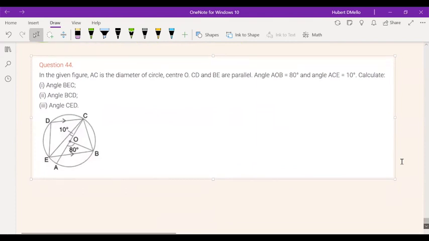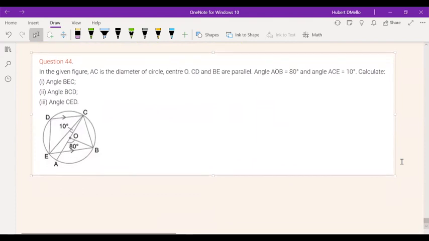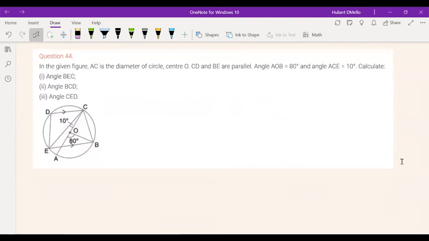Okay, question 44. In the given figure, AC is the diameter of the circle. So the moment they say diameter of a circle, what strikes you? I've not even read anything further, guys.